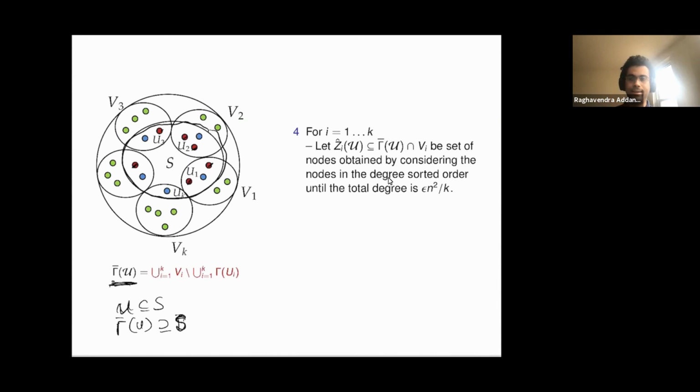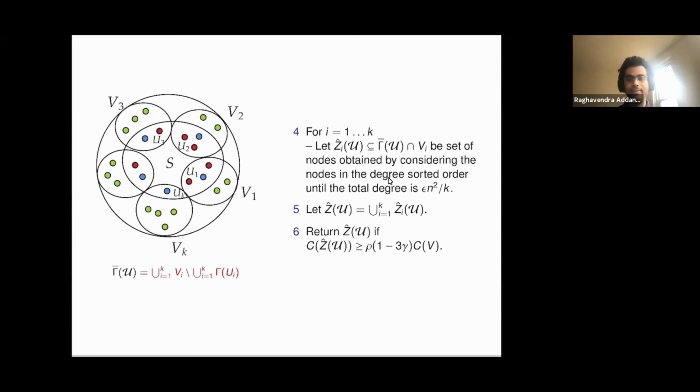It will not help us get the rho times C of V we are aiming for. So what we do is we look at each partition separately and pick the lowest degree nodes in each partition until the sum total degree is epsilon n squared by k among this tau bar of U. Once we have these nodes, we combine all of them and we output them.